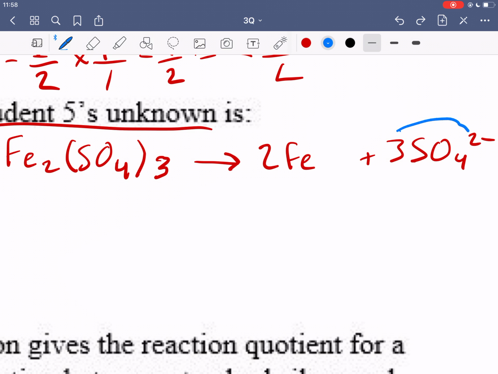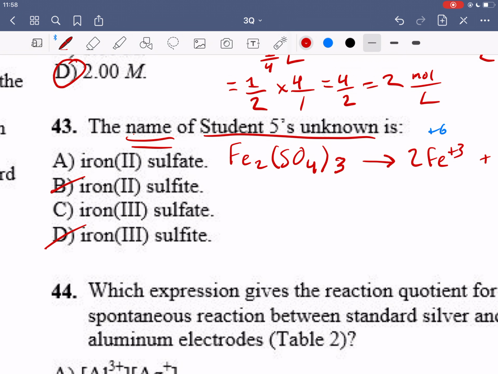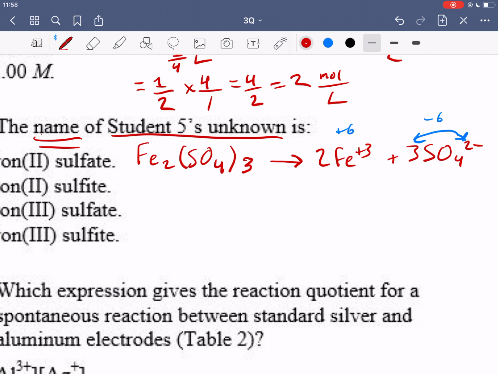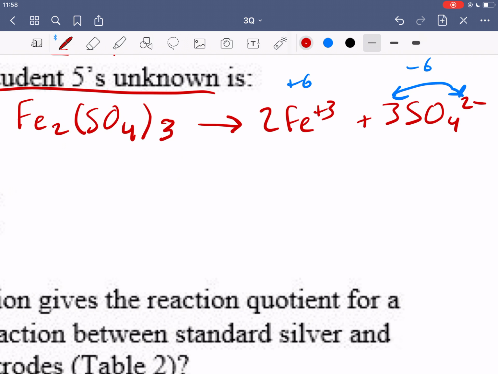So if I multiply the 3 and the 2 over here, then this gives me -6. So the iron has to be +6 over here, right? So that means that this guy must be +3. So therefore I know that it's iron 3 and not iron 2. So if you're satisfied with that explanation, then you can move on to the next question.